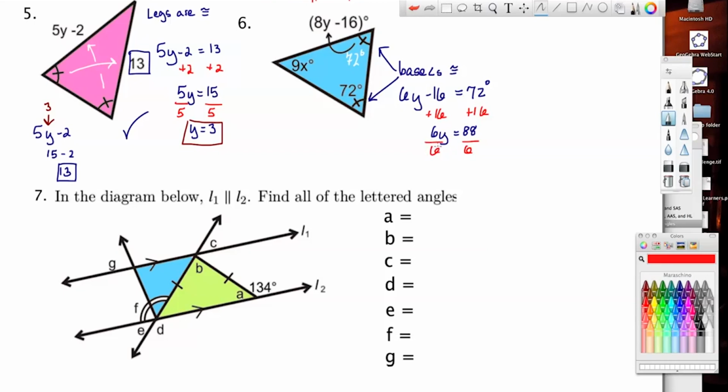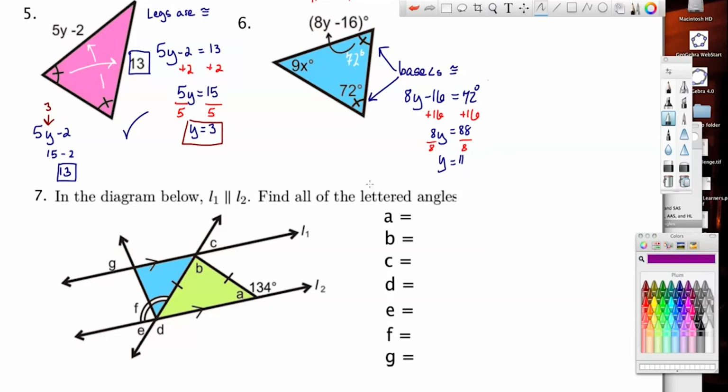So we solve for y here with our expression. I got to back up here. 8y minus 16 equals 72. We're going to add 16, and that gives us 88, and y equals 11.